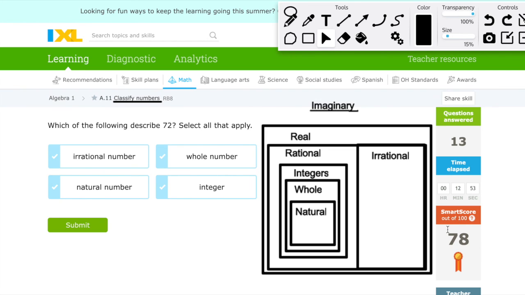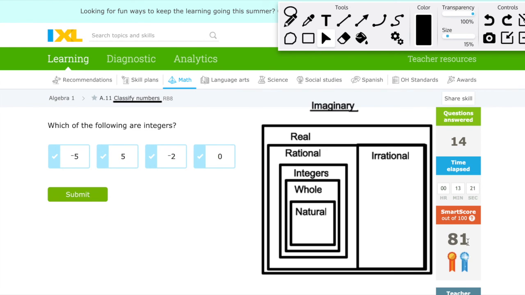And probably going to need to do one more. 72 is natural. It's a number we could count to. That also includes the whole numbers. It also includes the integers. It doesn't have to be negative to be an integer. It just could be. And then irrational, it's not going to be that one because we could represent 72 as a fraction, put it over 1. We do like, what, 144 over 2, something like that.